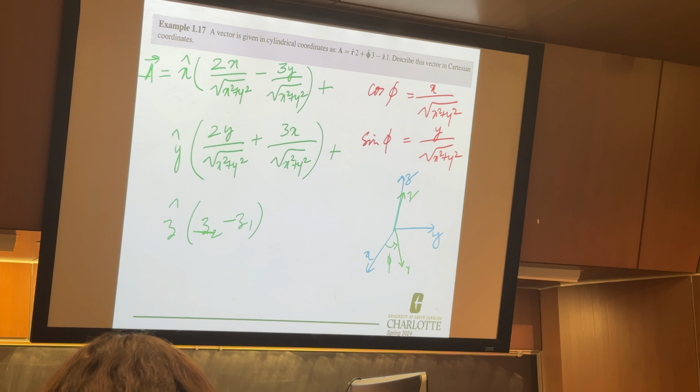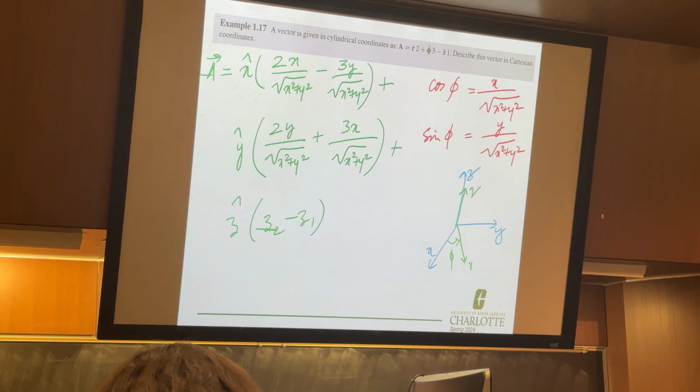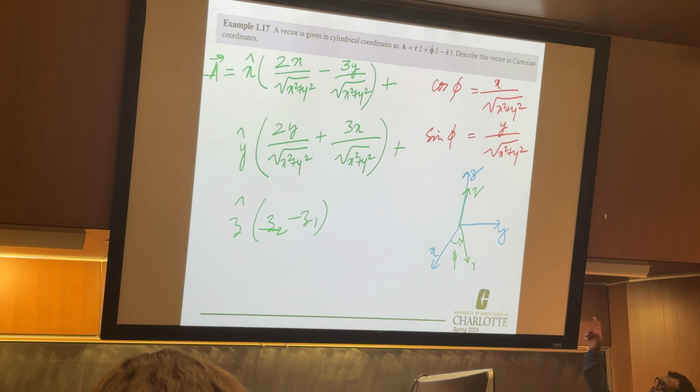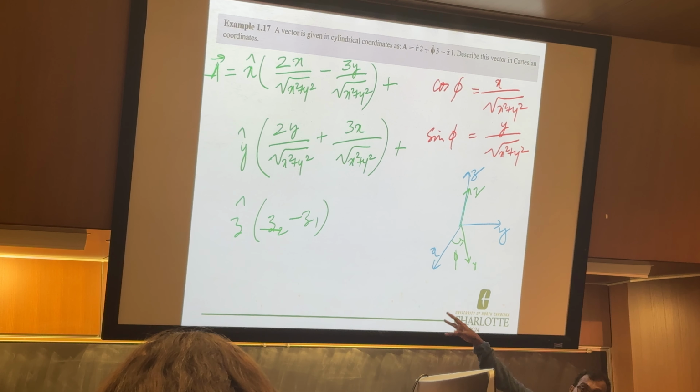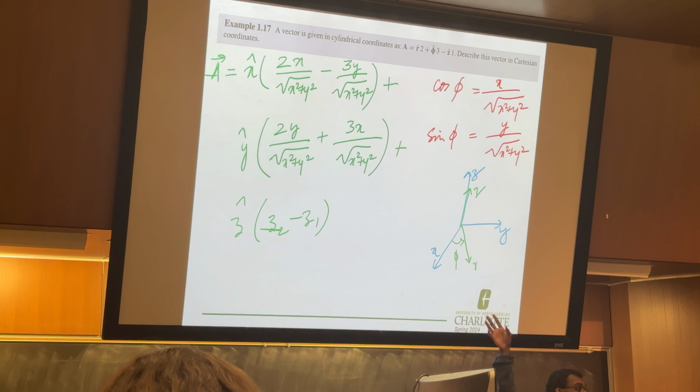So that's given here. Now you see the vector in the cylindrical coordinate system. It's just a simple 2 times r, 3 times phi, and minus the z, right? But if you look at the same vector transformed into the Cartesian coordinate system, it looks like this. It's full of these variables, x, y, and so on, right?